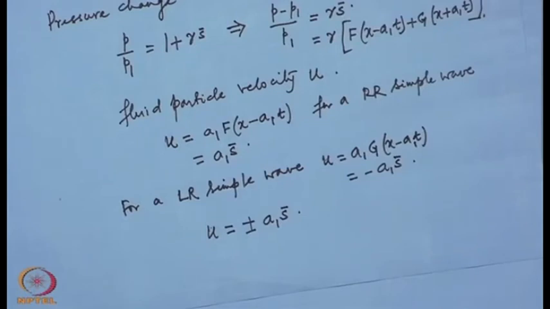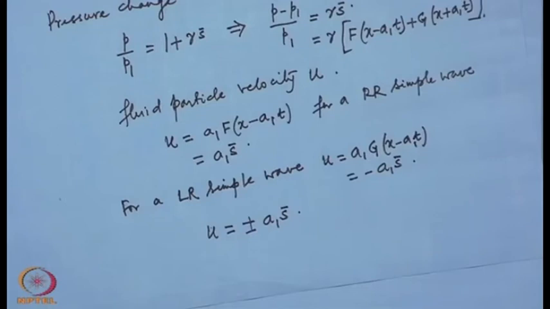Thus, the portion of the wave where density is increasing as it passes is called a compression, and that which decreases the density is called an expansion.